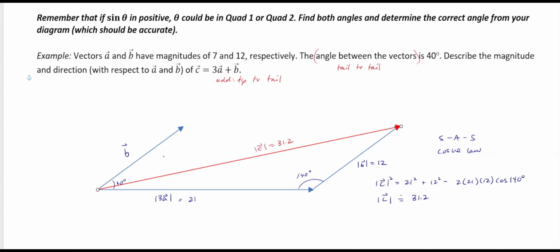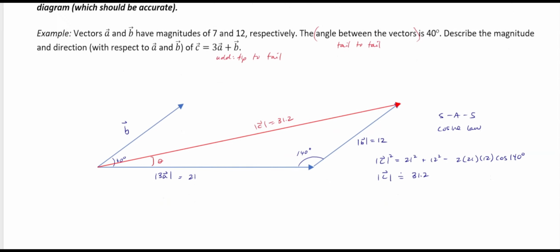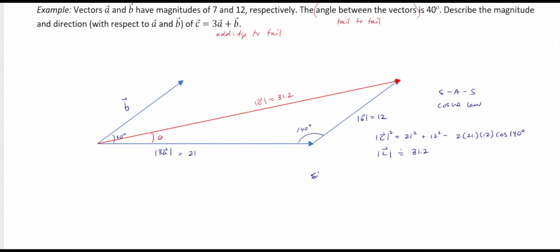All right, what I want to do now is find this theta right here, because that is the angle the resultant makes with A. So if I want to find that theta, I'm going to use my sine law: sine theta over 12 is equal to sine 140 over this side, which is 31.2.